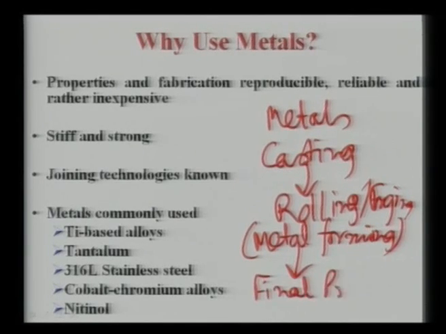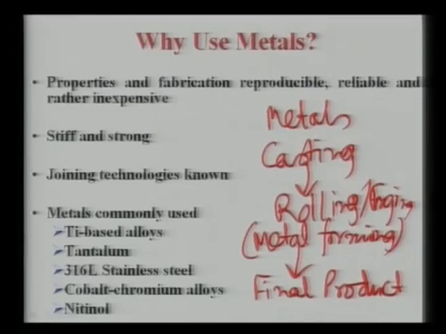The final product can be in the form of a plate, a sheet, or a rod, and depending on that you can adopt a sequence of processes which are particularly applicable. So fabrication is reproducible, and it is rather inexpensive.